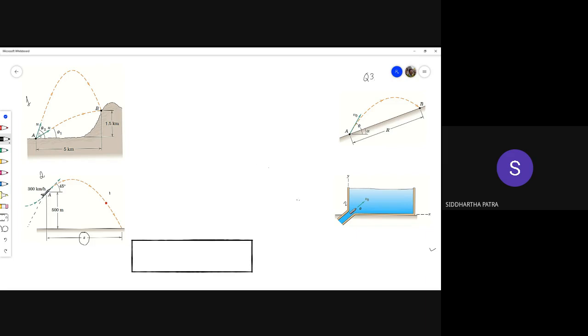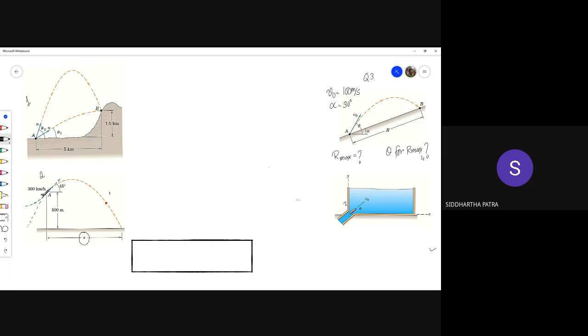Okay, so this is how the problem statement goes. This V0 right here is, let's say, 100 meter per second, and this alpha right here is 30-degree. So the question is, what is the maximum value of the range, and what is the corresponding value of theta?